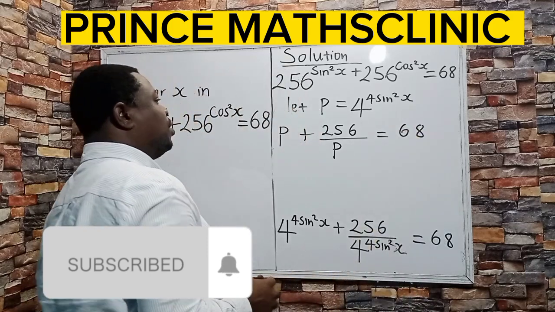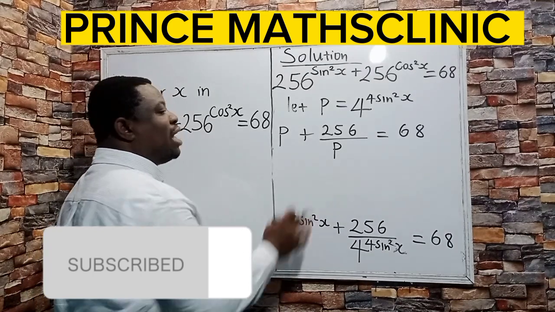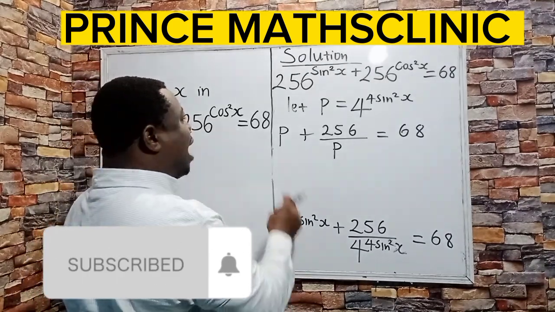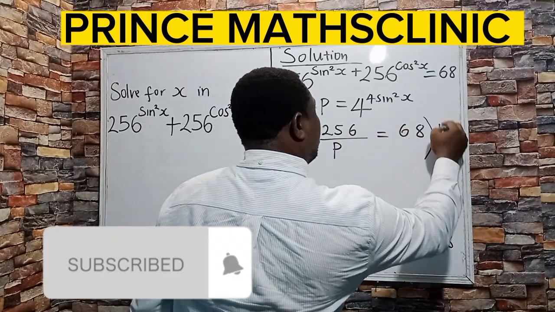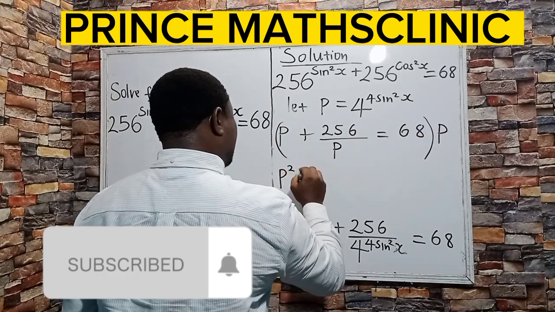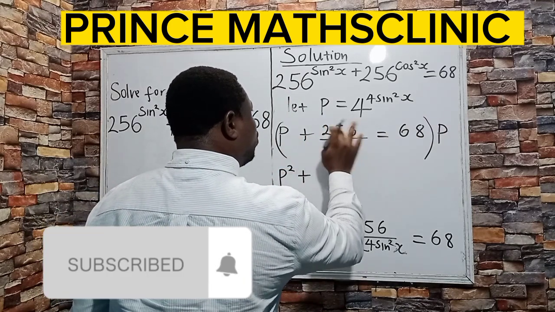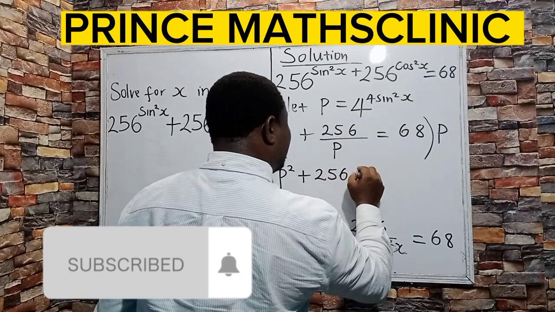Now, in order to take off this denominator that I have here as p, I want to multiply all the terms by p. So if I multiply p by p, I will have p squared. If I multiply 256 over p by p, I will have 256.